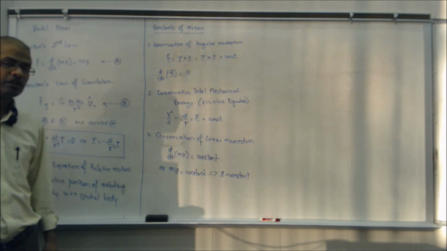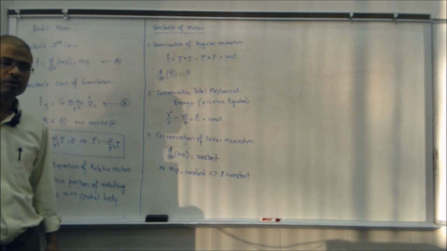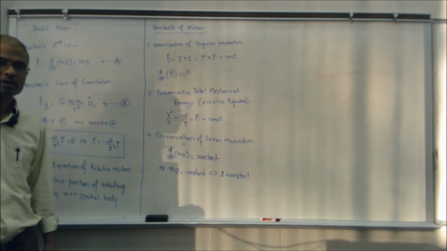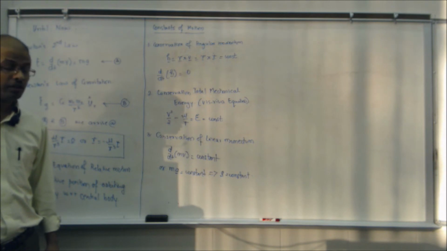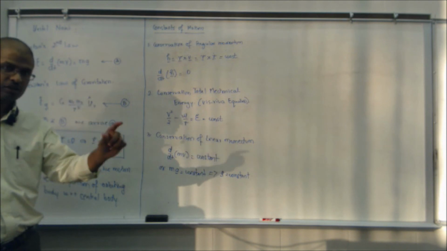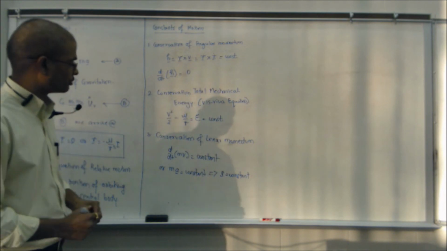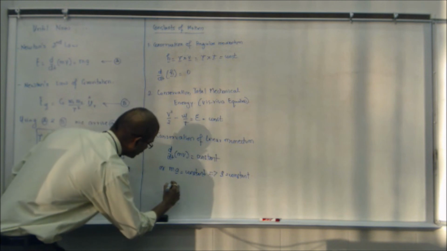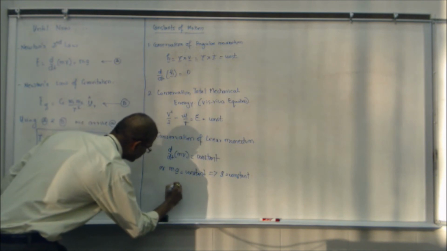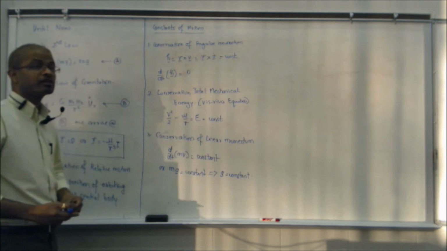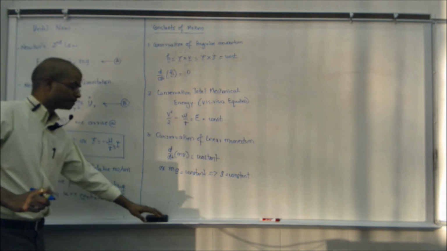When we started, remember we talked about the center of mass, right? Center of mass of two-body system. And then we said the acceleration of the center of mass of two-body system is zero. You remember this? How do you define the position of center of mass?